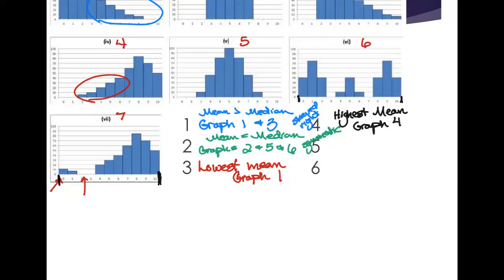I'm going to say 6 because the majority of it is on the outside, so it is spread a little bit more. Although I think you could put in 6 or 7 because they both go from 0 to 10. So I'm going to say graphs 6 and 7 have the largest spread.